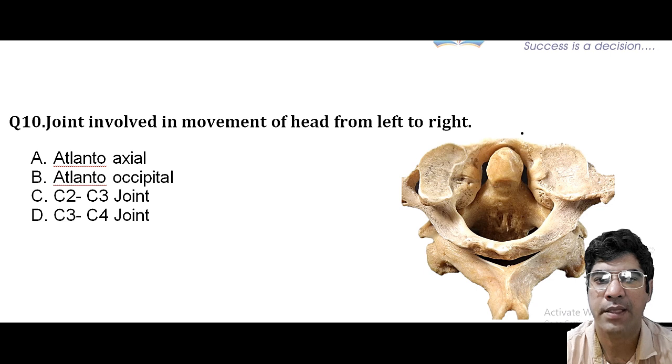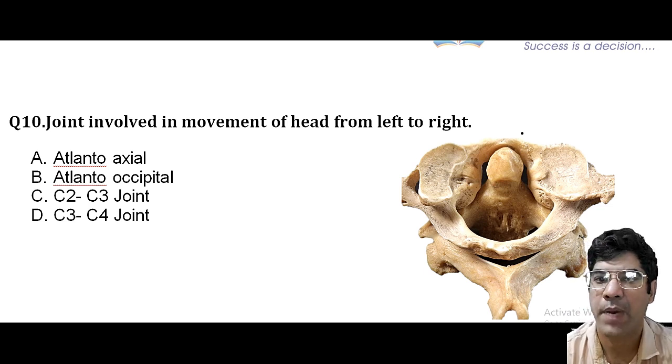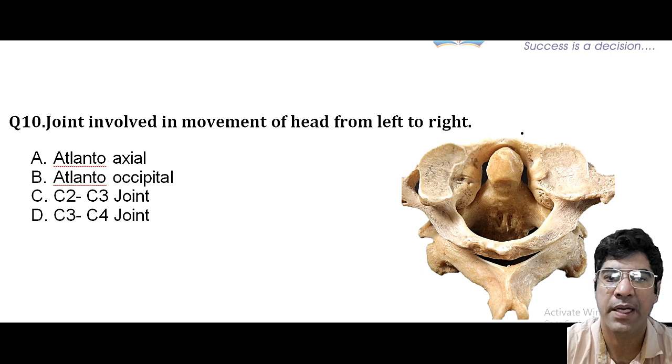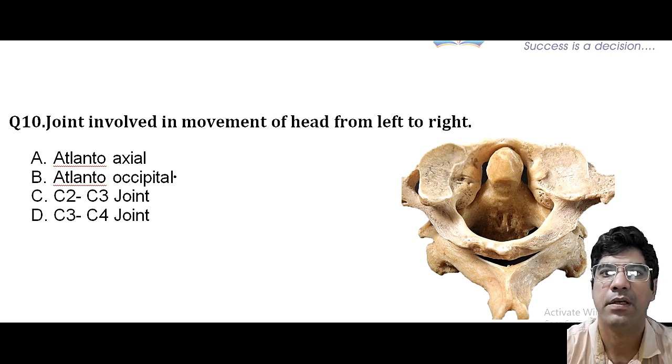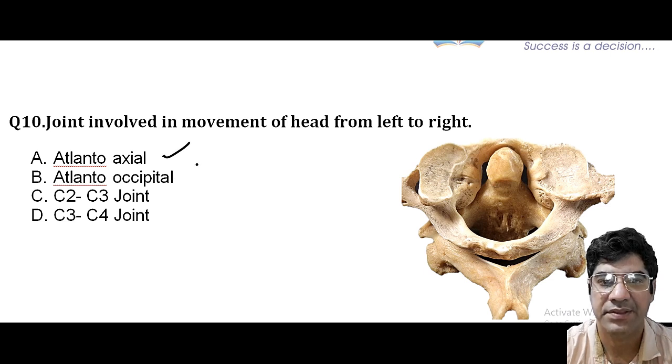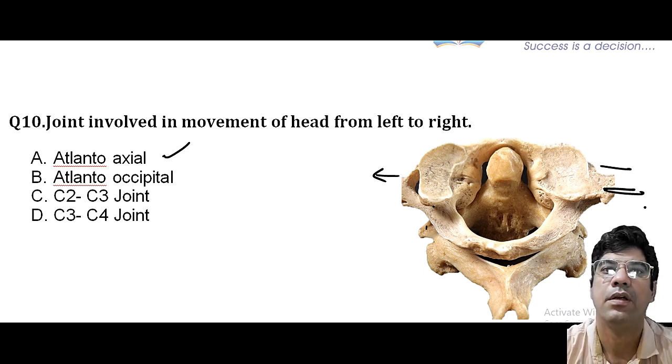On the other hand, the no movement, that is shaking the head left and right, is primarily controlled by the atlantoaxial joint, located between the first cervical vertebra and second vertebra. So that promotes the rotational movement of head, allowing you to turn your head from side to side. So your answer is atlantoaxial joint.